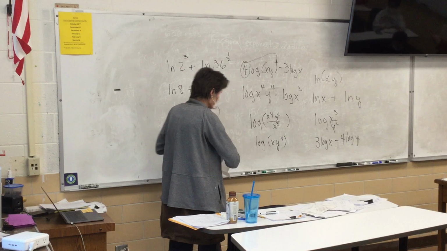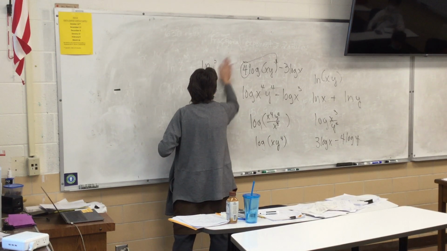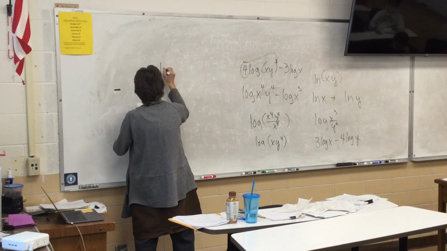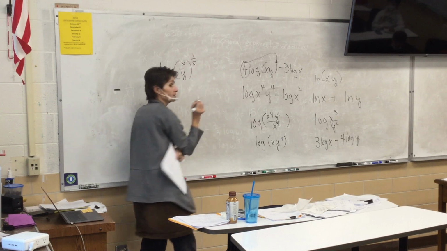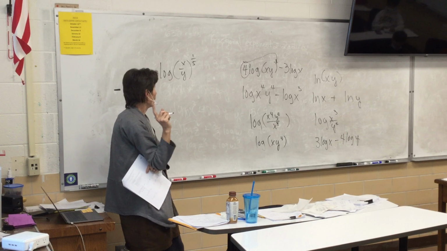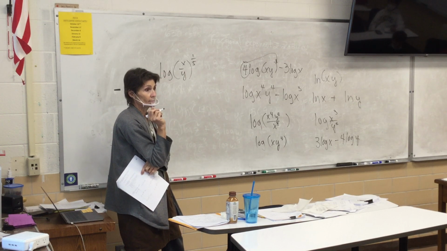Radicals do not live in logarithm land. So what are you going to do with that 5th root? 1/5 power. Perfect. So you have the log of x over y to the 1/5. And then what's going to happen to the 1/5? It's going to come out in front.